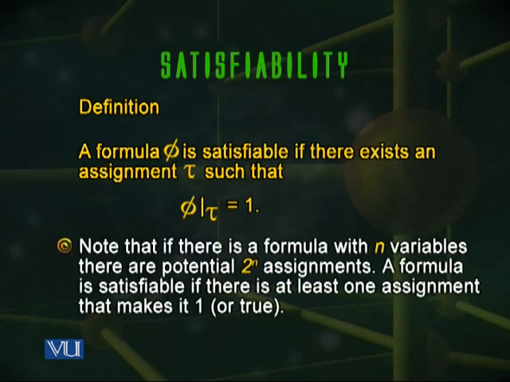Note that if we have a formula on n variables, then there are potentially 2 to the n possible assignments. A formula is satisfiable if at least one of these assignments makes it evaluate to 1, or true.